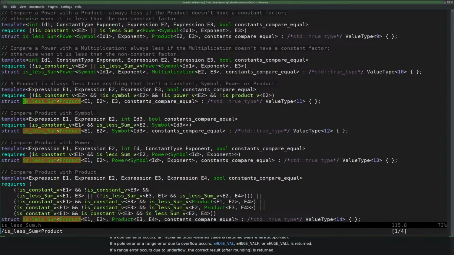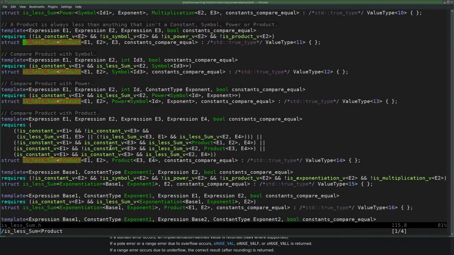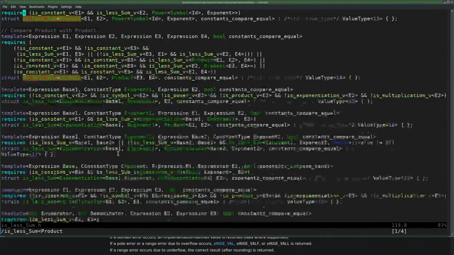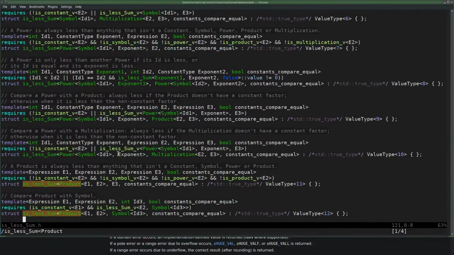Product with anything that is not a constant, a symbol, a power, or a product. Well, it's an exponentiation, so this should be the one. This compares with a symbol, that's not one, that's an exponentiation, or a power is also not. Product is also not. Should have been the first one.